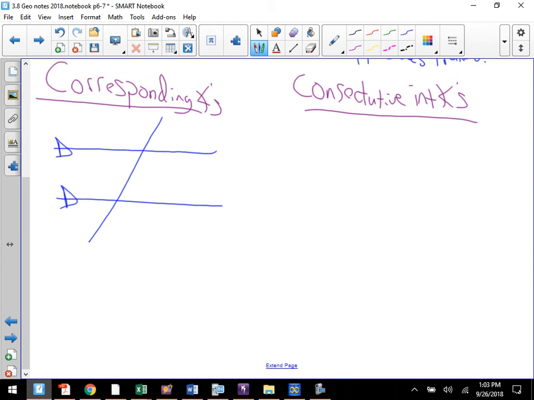If I'm top right on the first, they'll be on the top right of the other one. So if I say corresponding, if I'm looking at top right here, it has to be in the same spot, same position on the other one. It'd be top right there. Corresponding angles are in the same spot, same position.